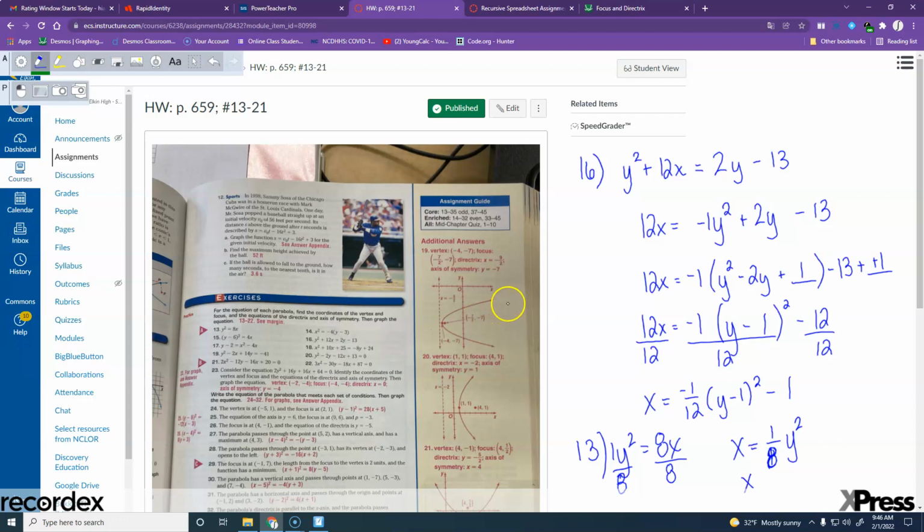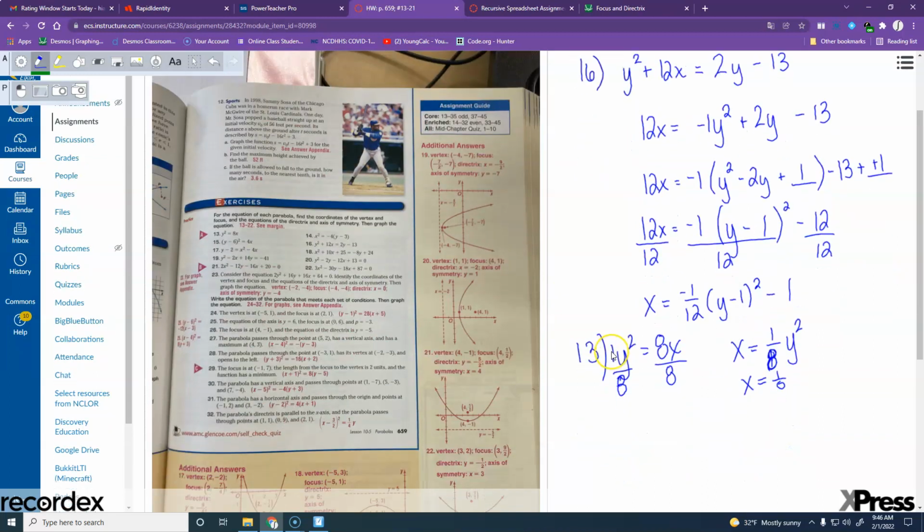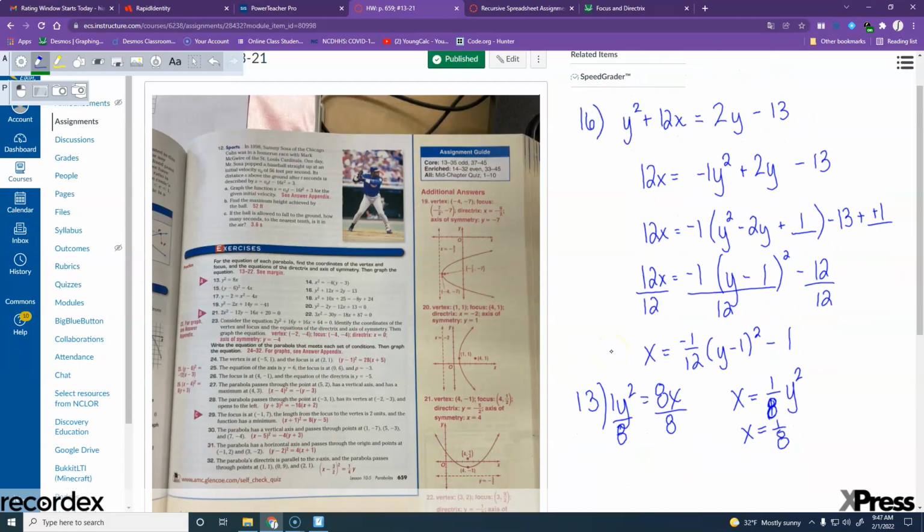It is like having x equals 1/8, sorry, that's an 8, 1/8, and then it's like having y plus 0 squared plus 0. So you can fill in those blank zeros where you don't have anything. So you have vertex at 0, 0. That one gives students trouble sometimes because it doesn't really have to be solved.